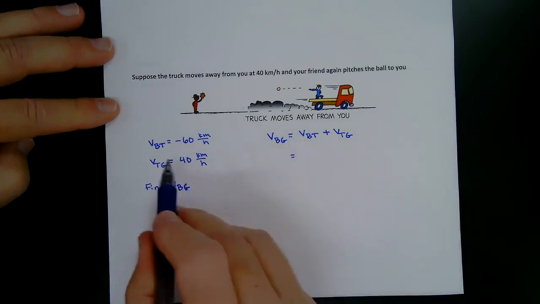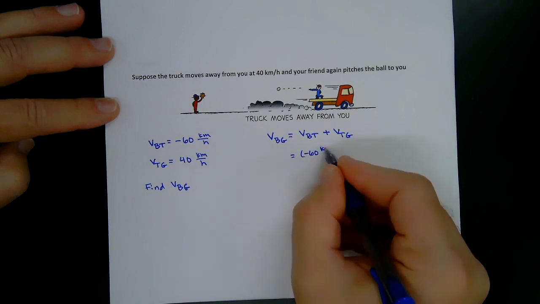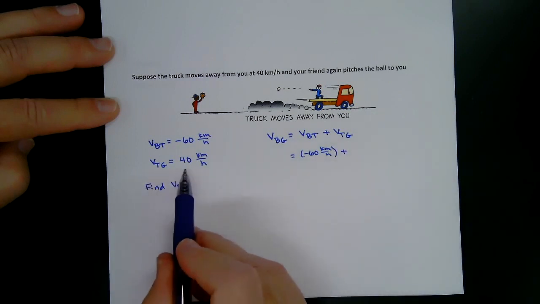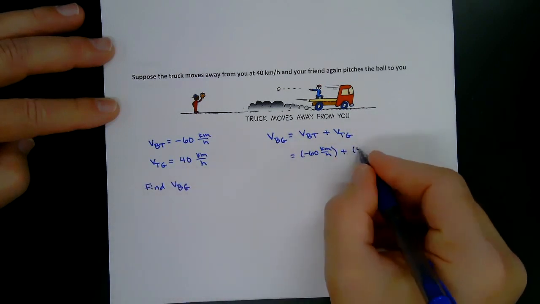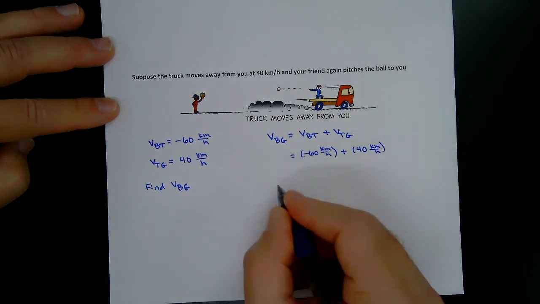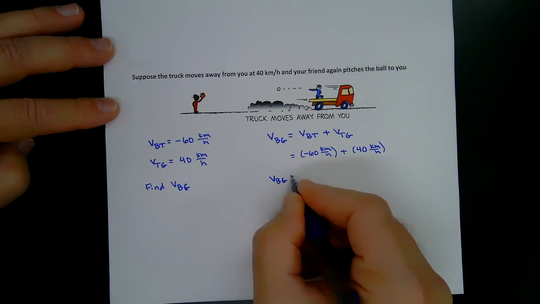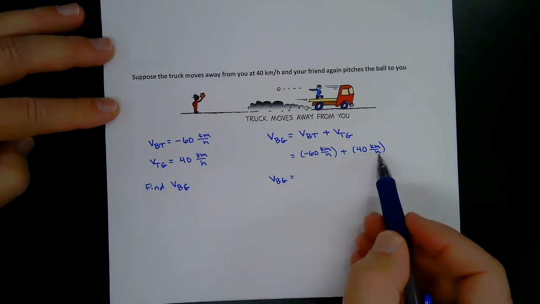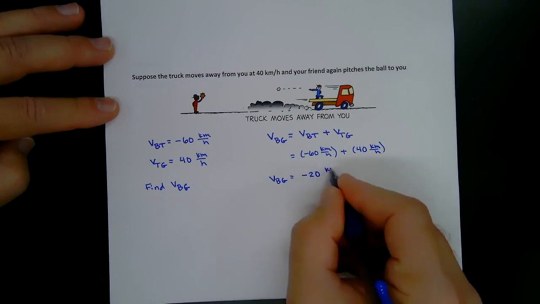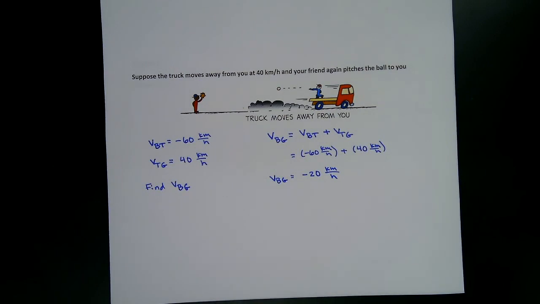So this one is negative 60 kilometers per hour plus the velocity of the truck relative to the ground, positive 40 kilometers per hour. That means the velocity of the ball relative to the ground would be negative 60 plus 40, which is negative 20 kilometers per hour.